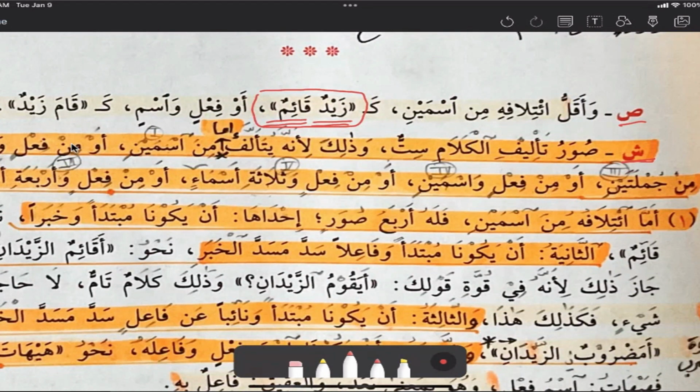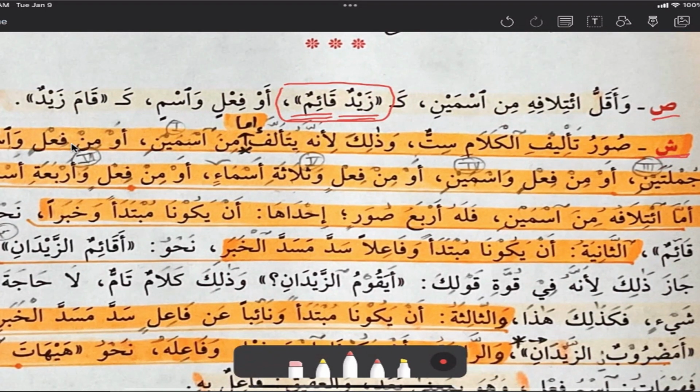Suwaru ta'lif al-kalami sitt. The scenarios of speech composition are 6.